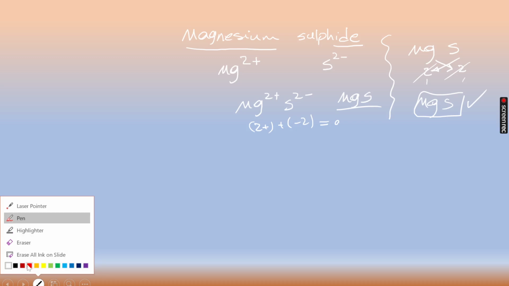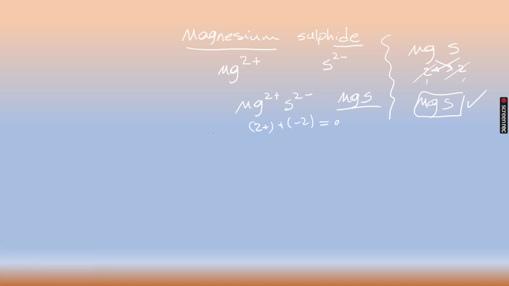Let me change this color. For example, I was asked to write potassium oxide, IDE at the end.